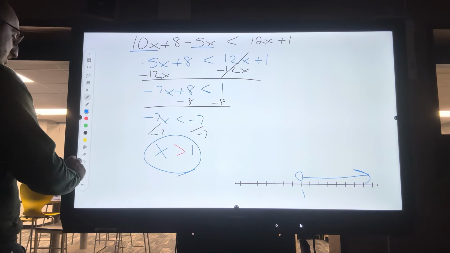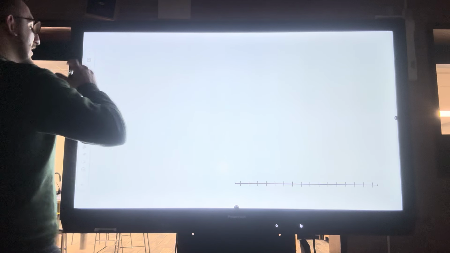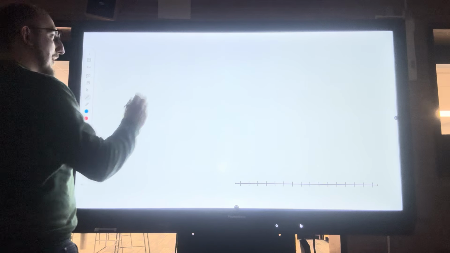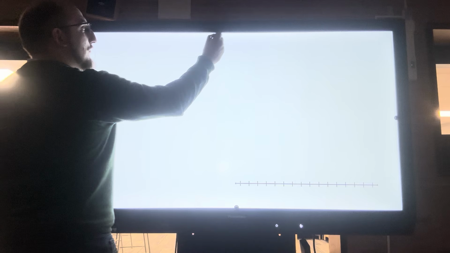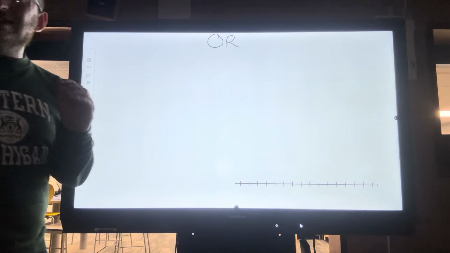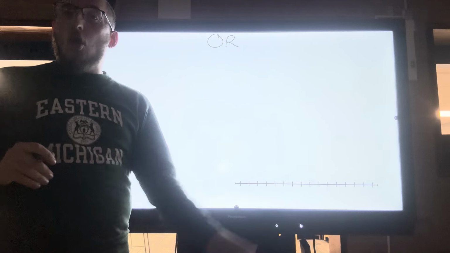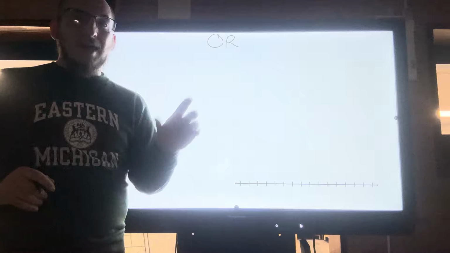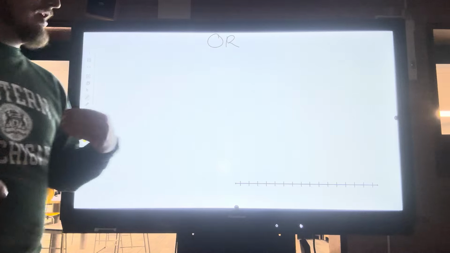But now let's change this to a this or that. Now, a compound inequality works two ways. You have an and, and we have an or. So for an or inequality, they're going to give you two different inequalities separated by the word or. It means that whatever x is either has to fit one or the other. There are some weird cases where it fits both, but it has to fit one or the other.